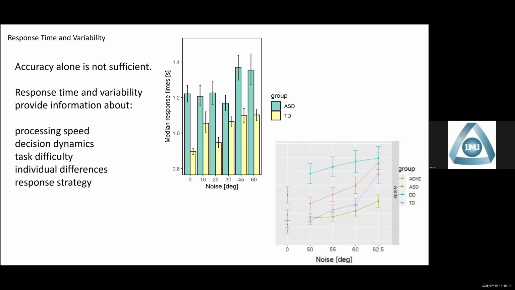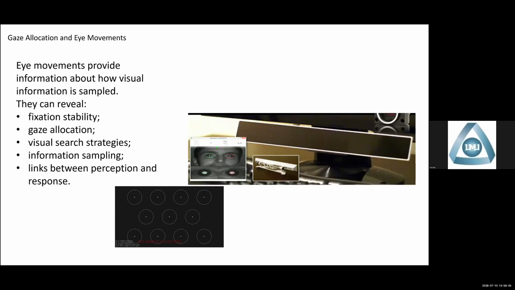They read faster than typical development. What happened? Noise sometimes makes the task more difficult, but sometimes for this group it's easier to filter it and to obtain the correct image of the word.